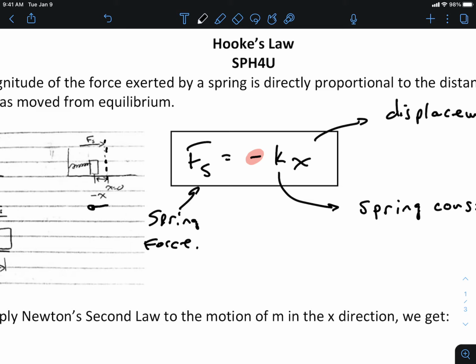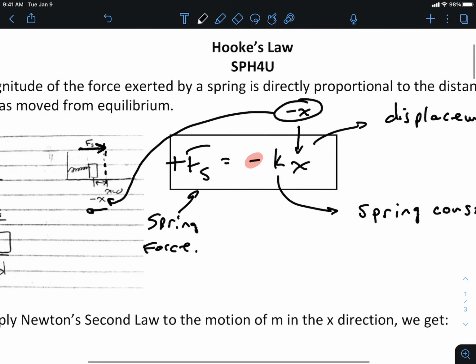The spring is pushing back on that box in the opposite direction, and so my force value better come out to be positive, right? So if I input a negative x value, like I did in this particular spot, then the force is going to become positive because this negative is going to cancel with that negative. Okay, and that's how that works.